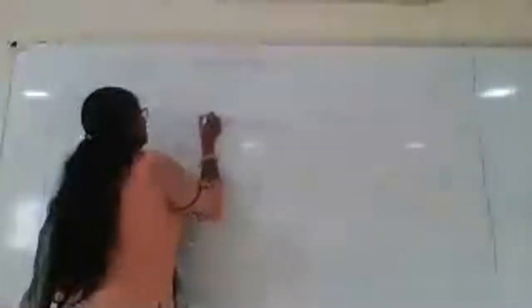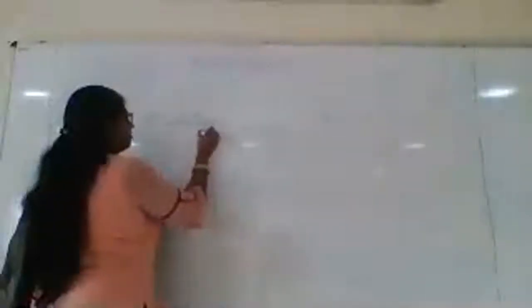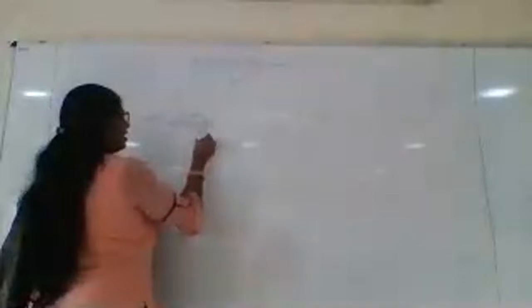Now, if there is any fault, say here, any fault in the internal zone, then what happens? There will be a fault current IF.